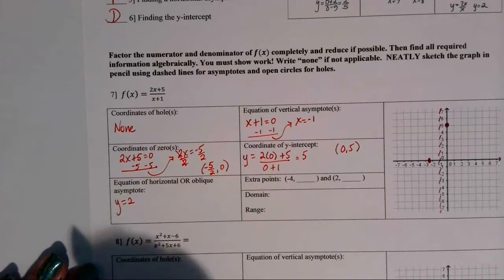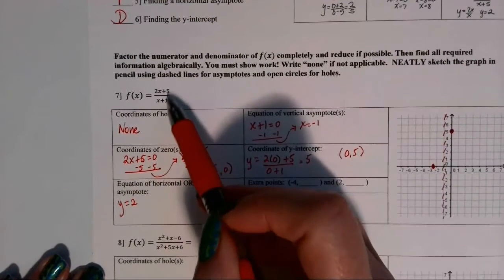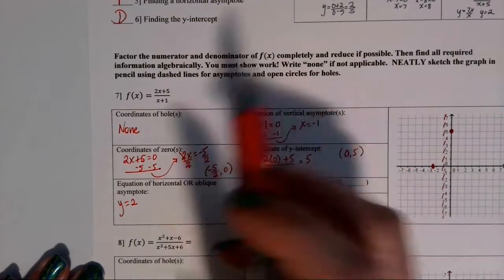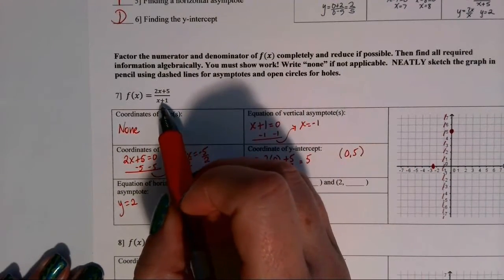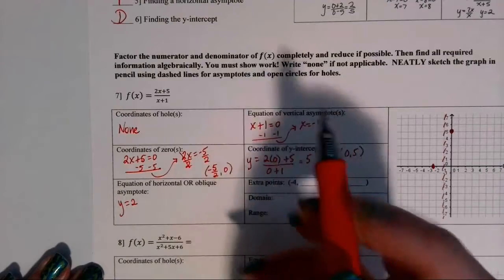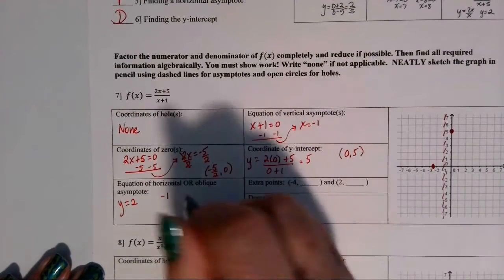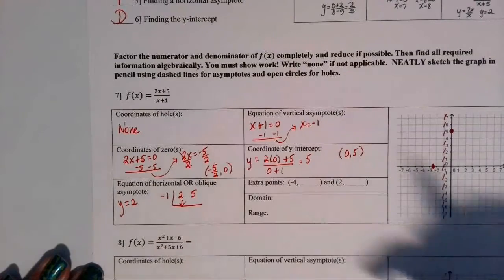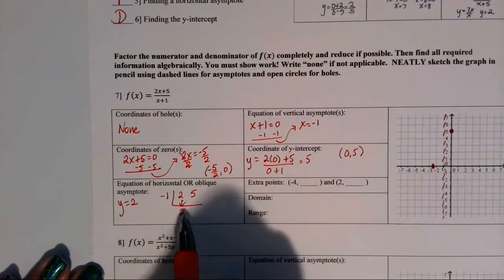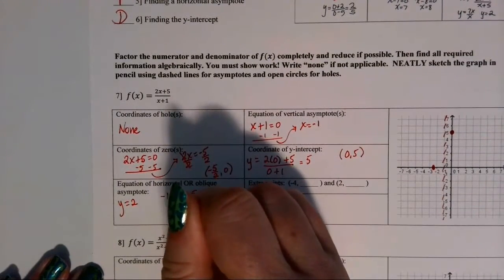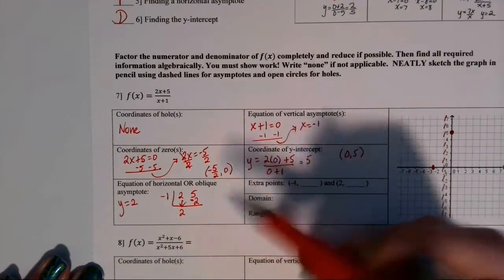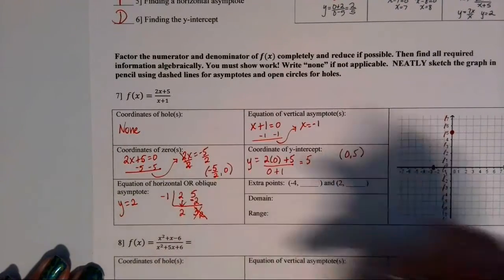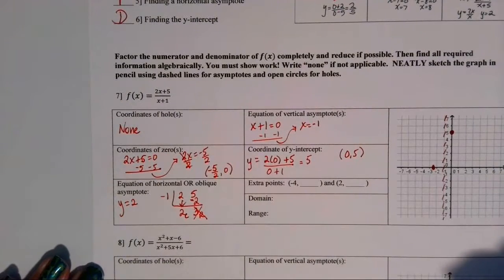If you don't like that shortcut, remember you can always do division to find the equation of your asymptote, either horizontal or oblique. So if I did negative 1 and then my coefficients 2 and 5 in synthetic division, I bring down the first term, there's a 2, multiply 2 times negative 1 is negative 2, add 5 plus negative 2 is 3, that's the remainder, which we discard, and then the 2 is the constant.